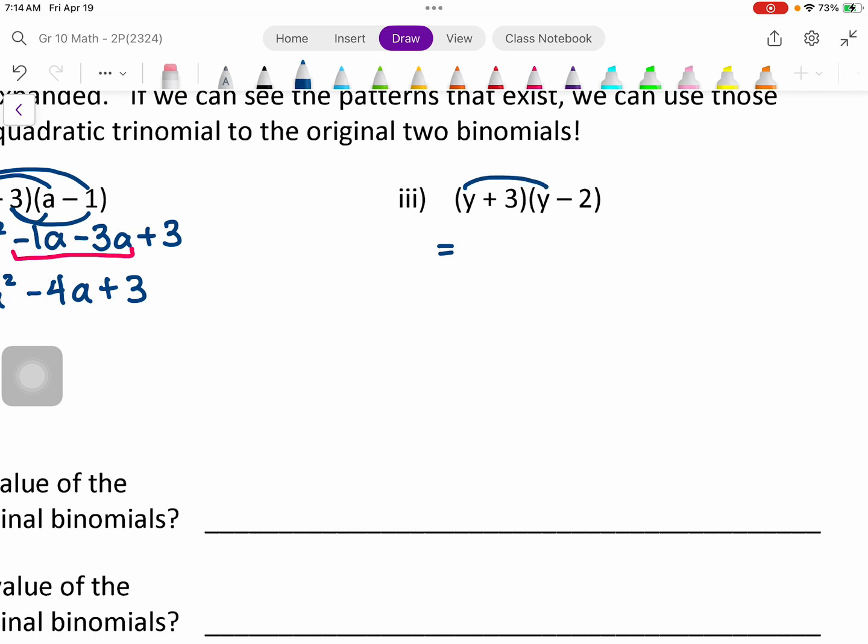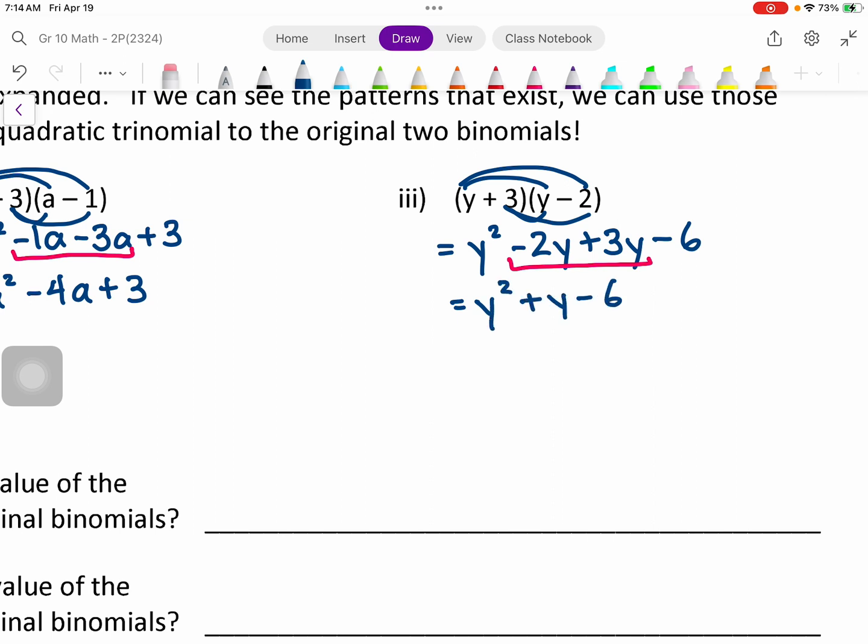So I have y squared minus 2y plus 3y minus 6. Combine the like terms. So I have y squared plus 1y, or plus y, minus 6.